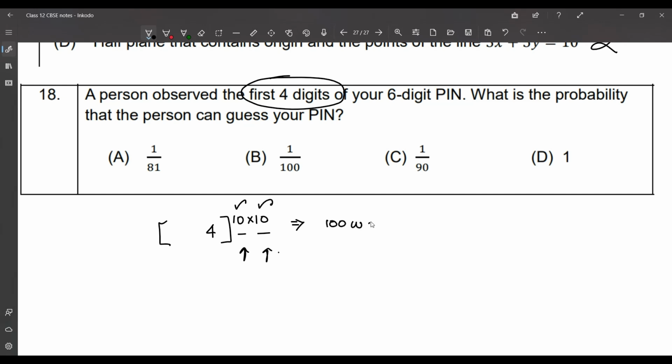So out of a total sample space of 100, there is only going to be one combination of two numbers, and the answer should be equal to 1 over 100.